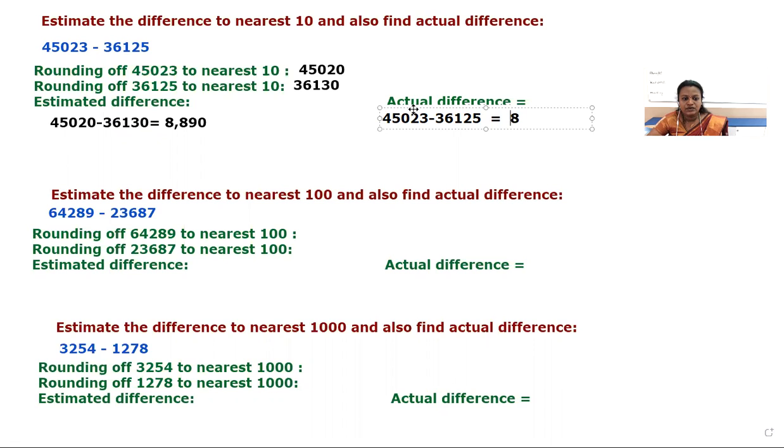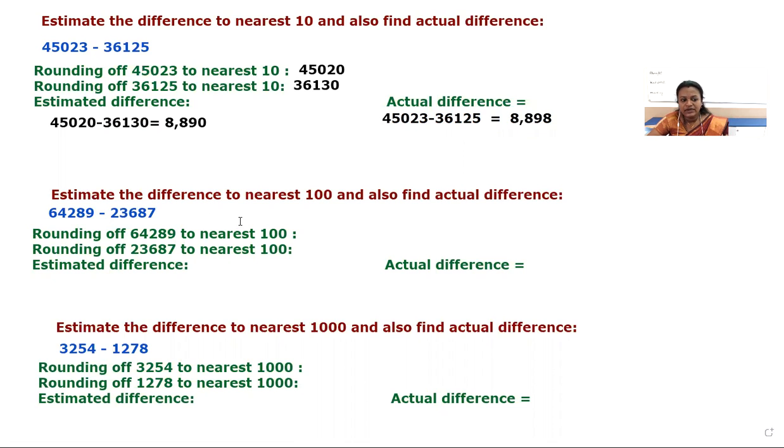We have 2, 1 minus 2 not possible, again borrowed, that is 11 minus 2, that is 9. Again 9 minus 1 is 8. And we have here 14 minus 6, that is 8 again. So we have 8,898. You can see there is a slight similarity between the actual difference and the estimated difference.